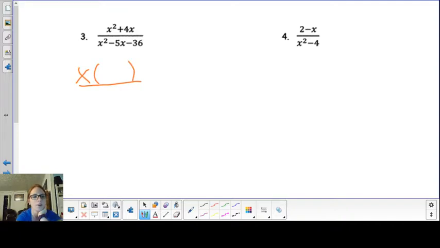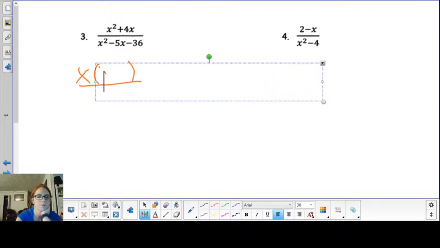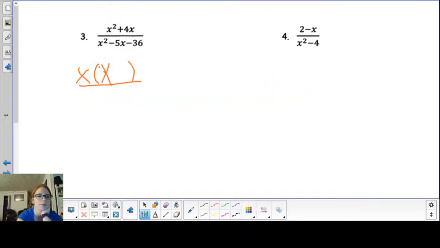What is x squared divided by x? Good, x. 4x divided by x just gives me a positive 4. Okay, taking a look at the bottom, I'm going to have 2 sets of parentheses. I don't know why it's wanting to be like this today. So what multiplies to a negative 36?